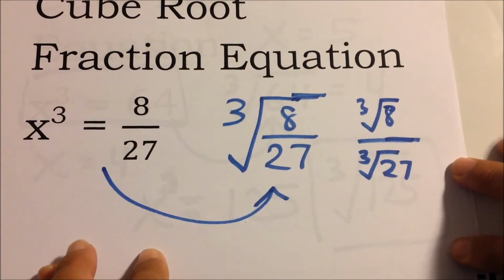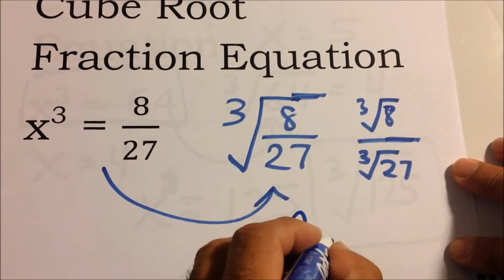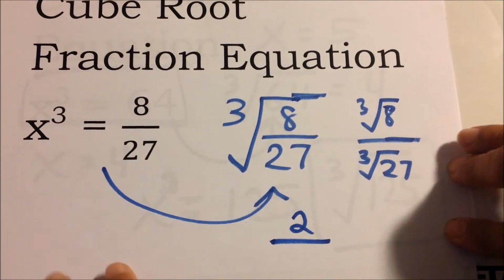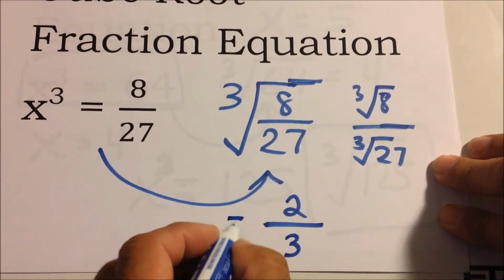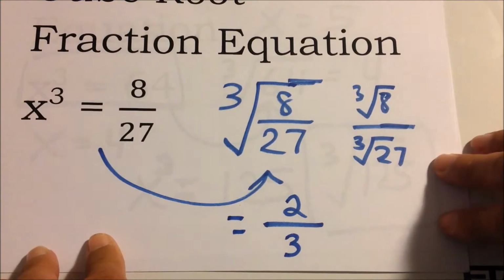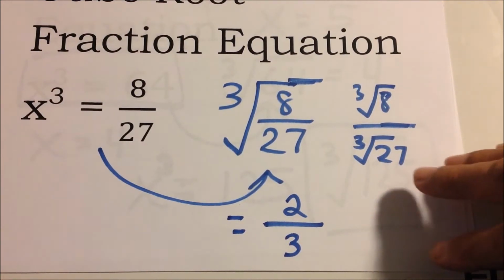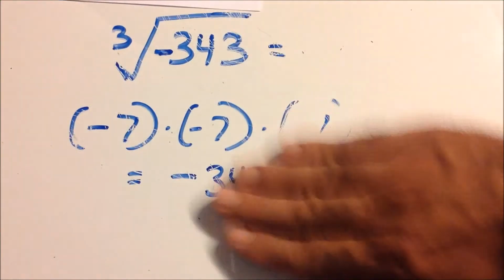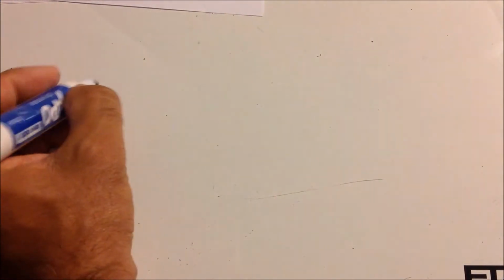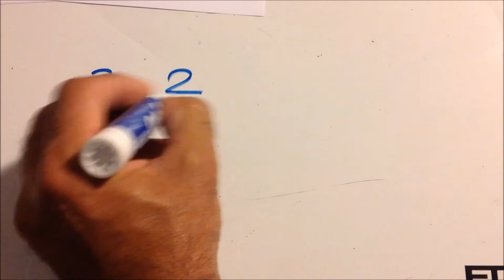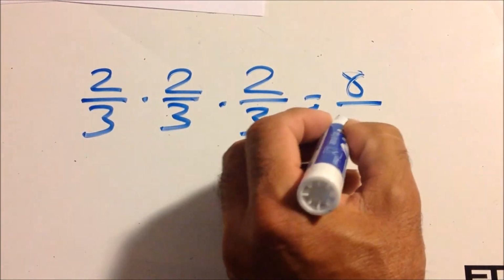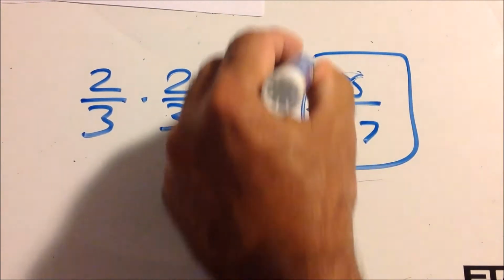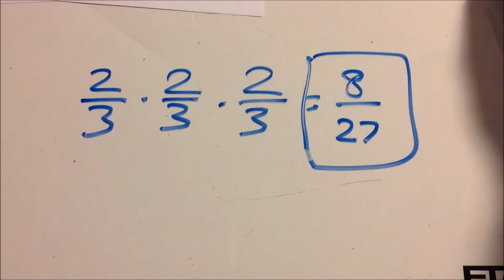So we know that the cube root of 8 is 2, and the cube root of 27 is 3. So there's our answer. Let's see if it works. Okay, erase this. Still looking for my eraser. So if I had 2/3 times 2/3 times 2/3, we would get 8 over 27. So there's our answer.